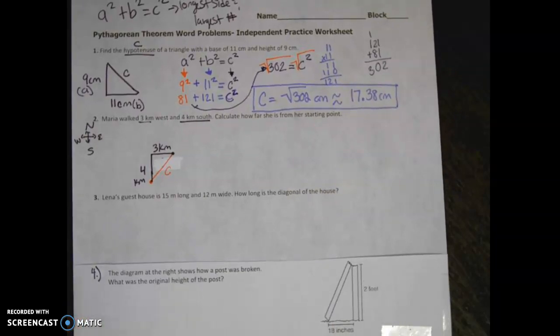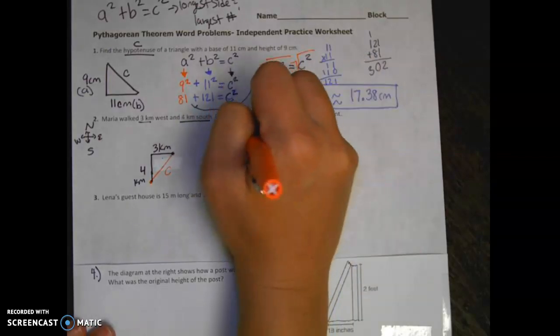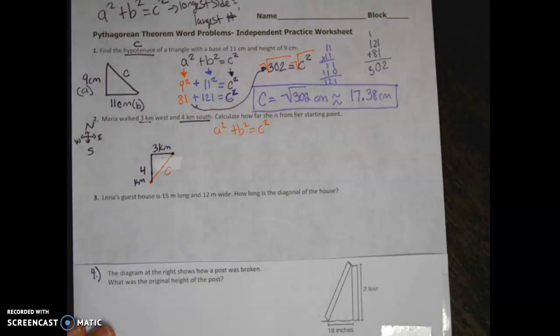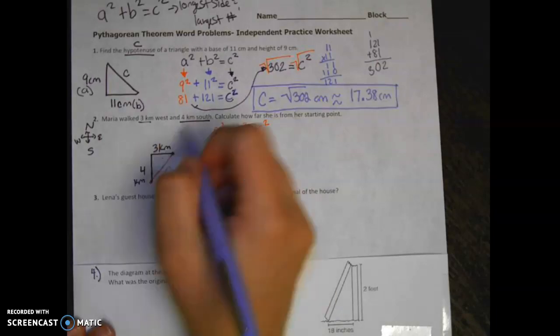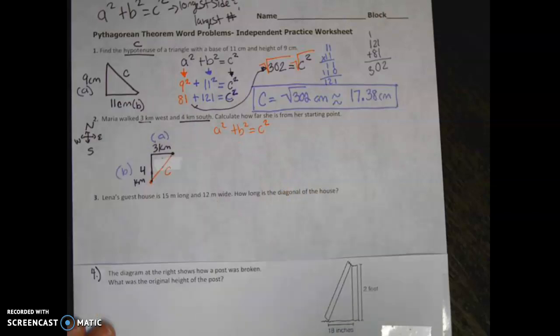Every time you won't be finding the hypotenuse, so be sure you know your northeast, southwest, just in case. Okay? My formula states a squared plus b squared equals c squared. So this time I'm going to say that this is my a and this is my b. Why not?